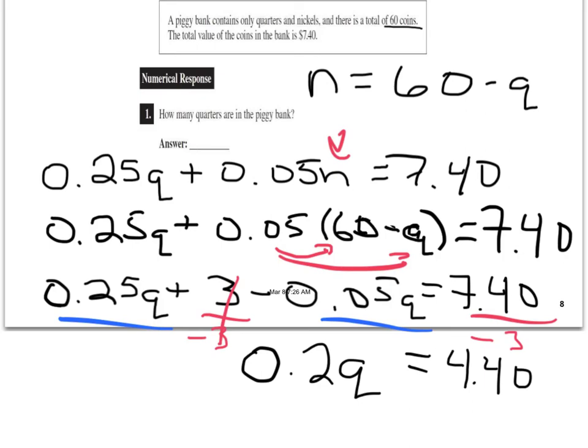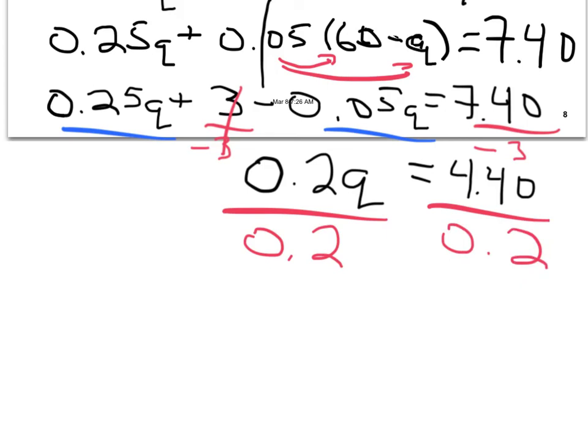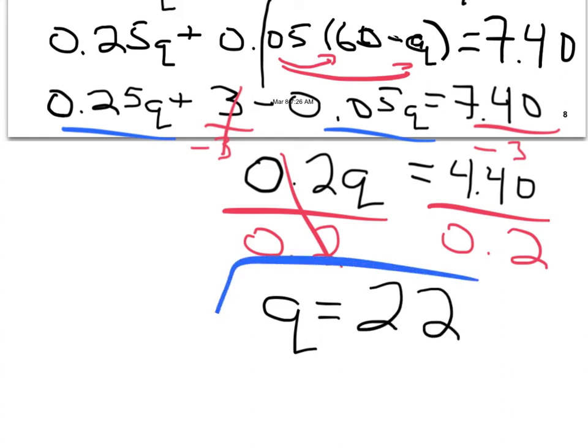Our last step now is to divide 0.2 from both sides. We'll divide 0.2 from there, and from here they both cancel, and we get q to equal 22 quarters. So there's your answer.